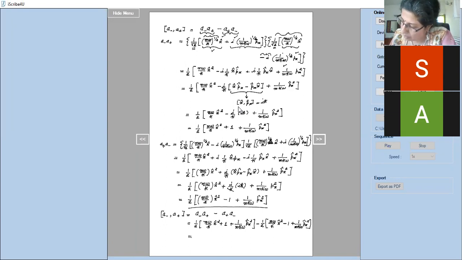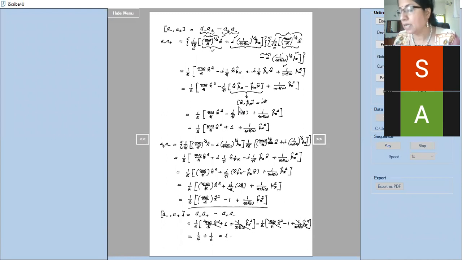So this is now equal to, as you can see, this term and this term cancel off. This term and this term cancel off. What are you left with? You're left with half plus half, which is equal to 1. Okay?